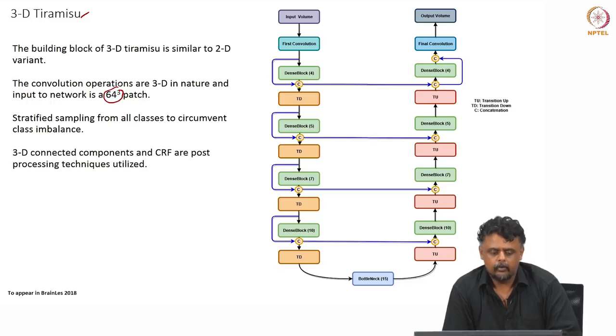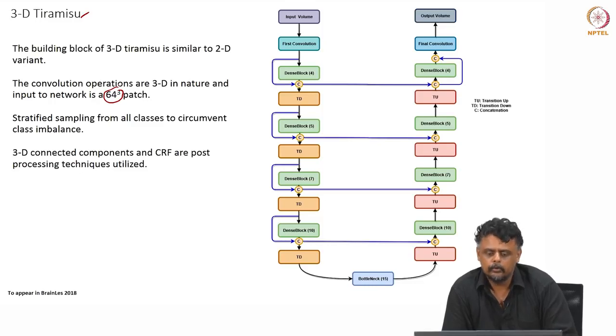And typically we also see that many of the techniques use the connected components to gather the largest connected component, or they do a conditional random field approach to clean up the segmentation, because there will always be false positives, some small clusters of pixels or groups of pixels being labeled as tumors when they are actually normal.